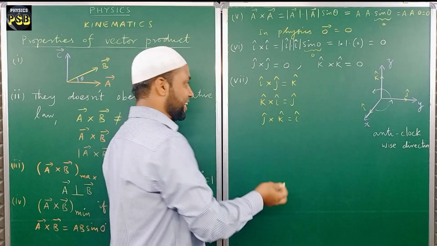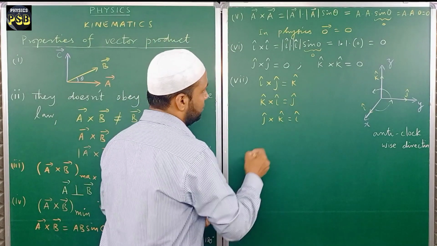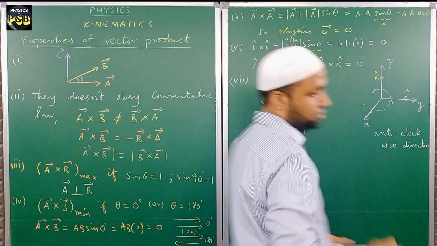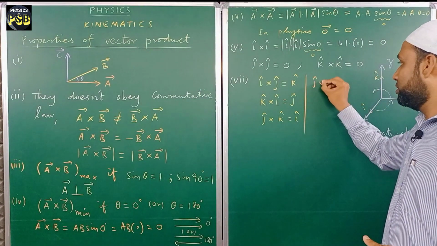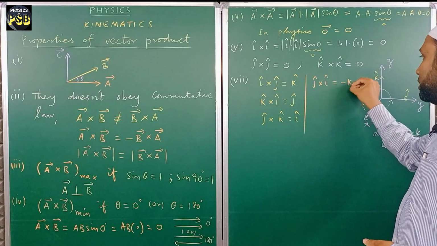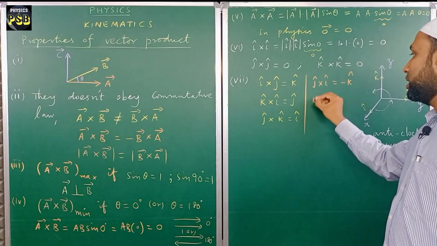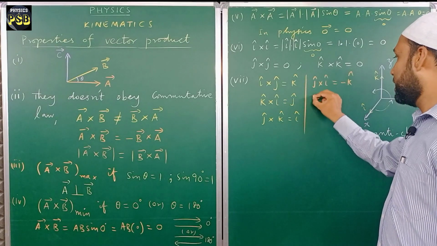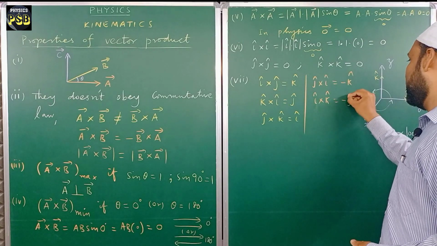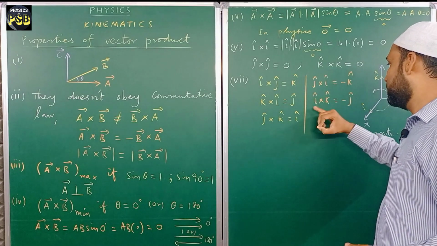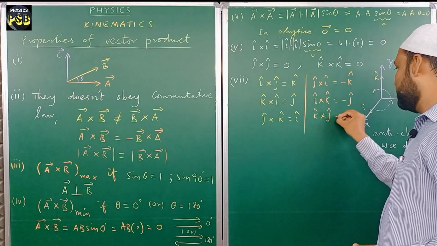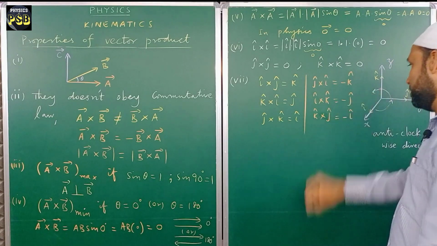So on reversing it, if I multiply j cap with i cap, the cross product of these two gives me minus k cap. In a similar way, i cap cross k cap gives minus j cap. Next, k cap cross j cap gives us minus i cap.